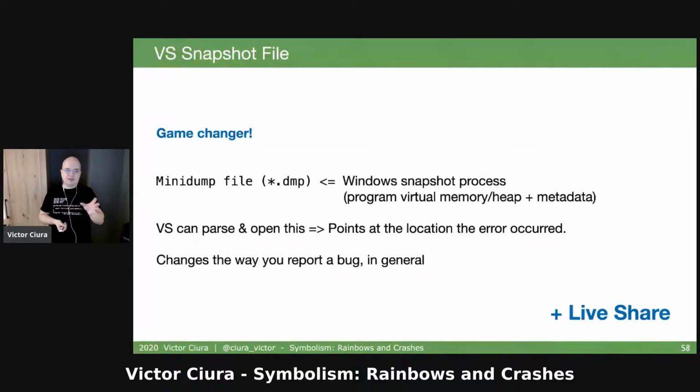The Windows snapshot process can capture program virtual memory and heap and lots of other metadata from an application that crashes, and you can wrap this in a Minidump file, and Visual Studio can parse it. The latest versions have a pretty nice user experience around using the snapshot files. You can open them in Visual Studio and point to the right location, and it gives you the code stack, the context information, all the variables and everything.